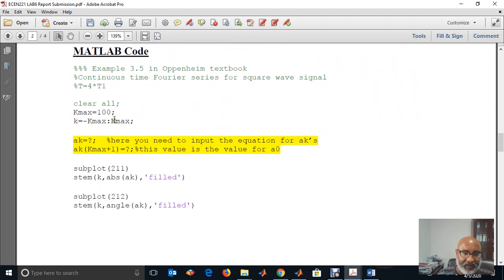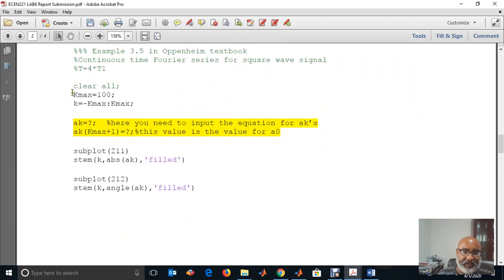Here I give you a start, some example for the program. What you have to do is just substitute the AKs that you found. Here you see, for example, for K max 100, I defined K max 100, and then K is from minus K max to K max in steps of 1, because K is an integer.